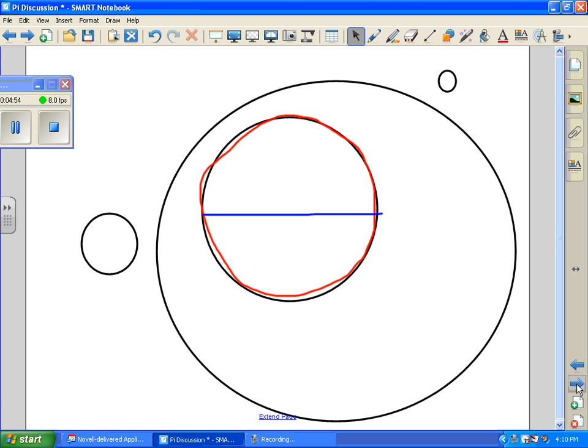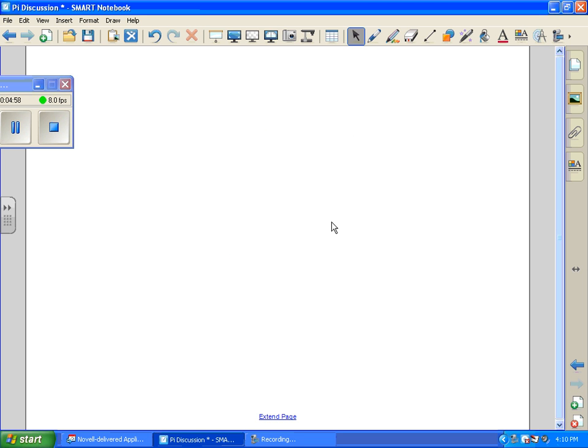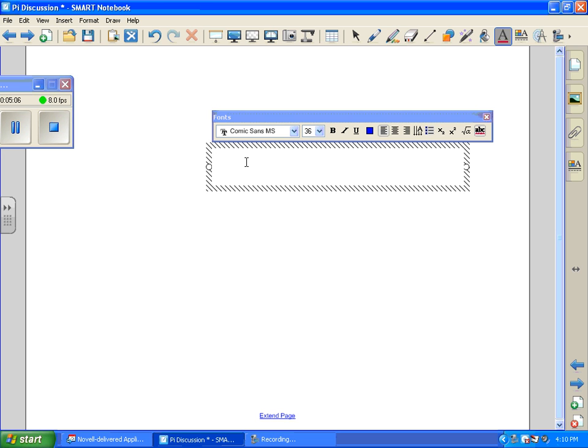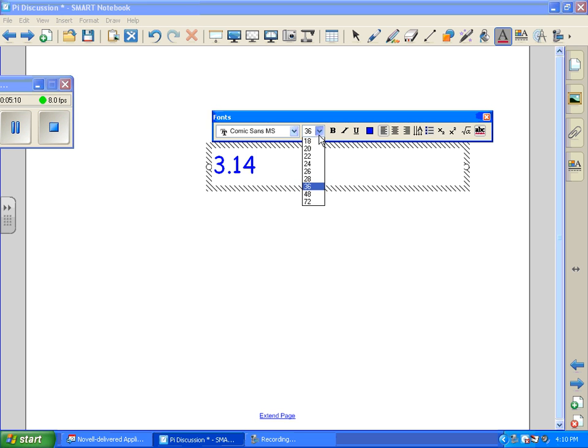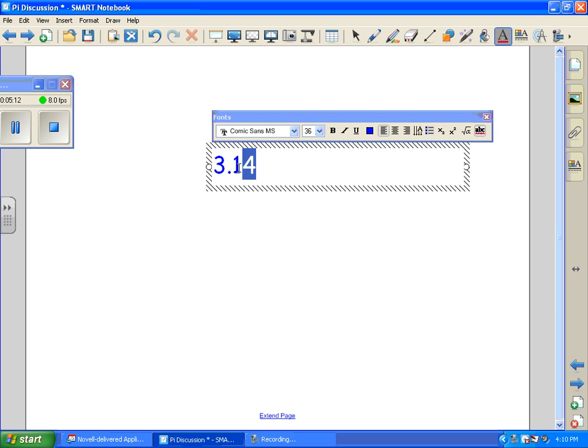Now I'm sure that you all have the value for pi. You've heard it, you've worked with it before. Just in case you have not, pi has a decimal value as well as a fractional value. For the decimal value, we use 3.14.